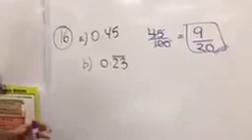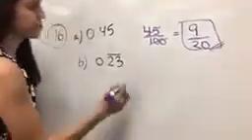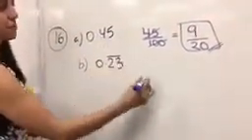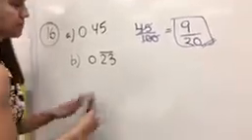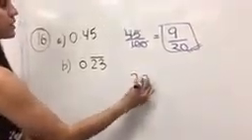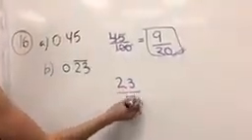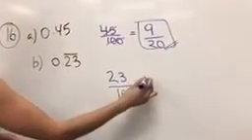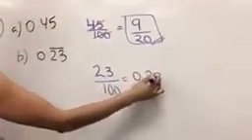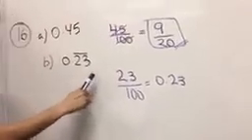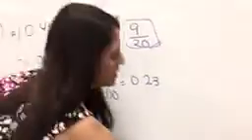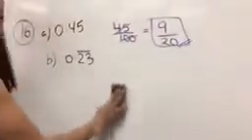The next one is a little bit different, because if I use the same rule here and put 23 over 100, that's going to give me 0.23, right? And that's not repeating. However, my problem here is repeating, so I can't do that.